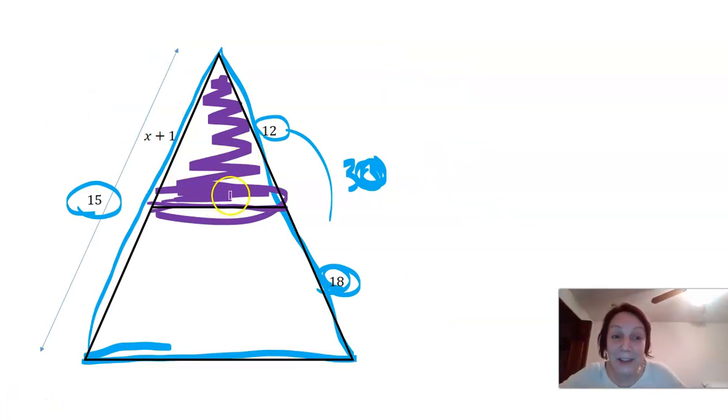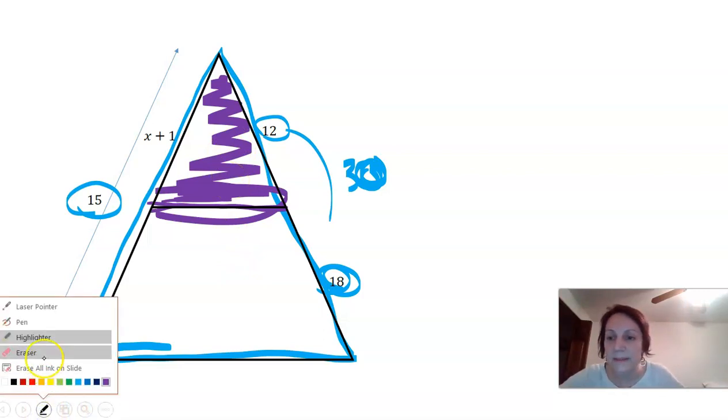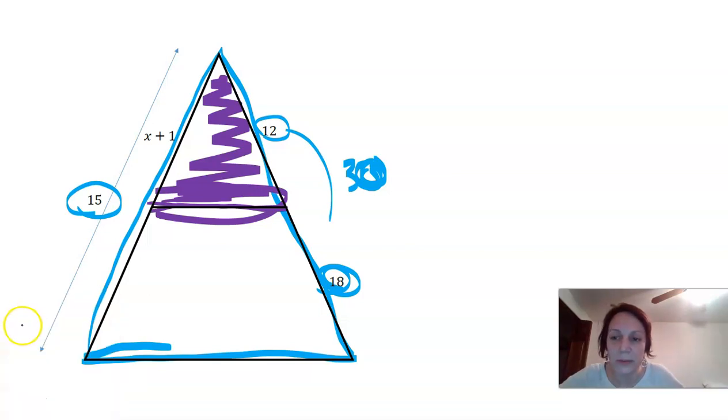So what we have here, if I can stay on this slide, is a pair of similar triangles where it's like a little triangle that's inside of a big triangle. So we can still, if you wanted to, pull them apart and draw them separately, but we don't really need to. As long as we can make two ratios, like small to big, which is how I'm going to do it. I'm going to do small over big.